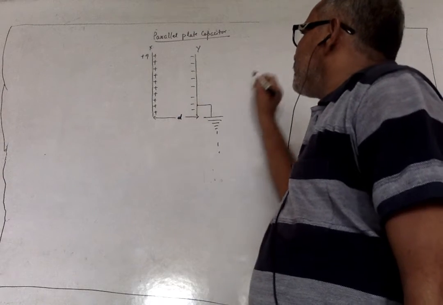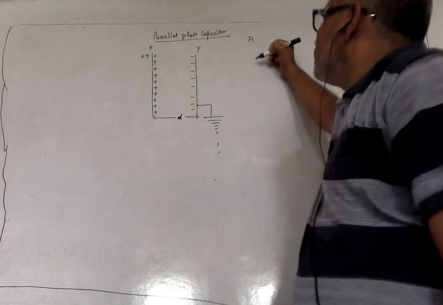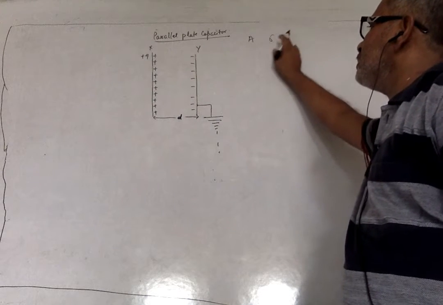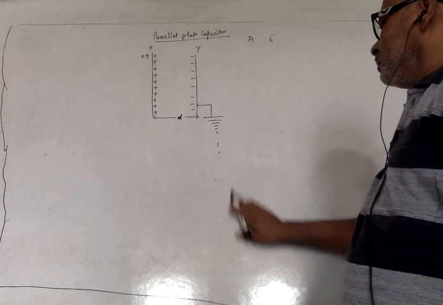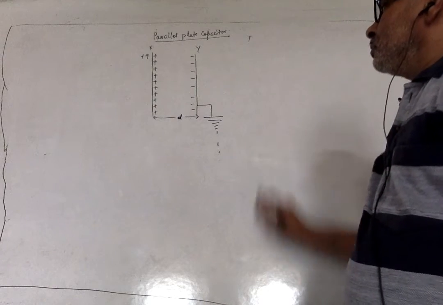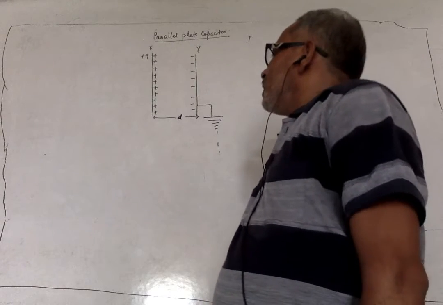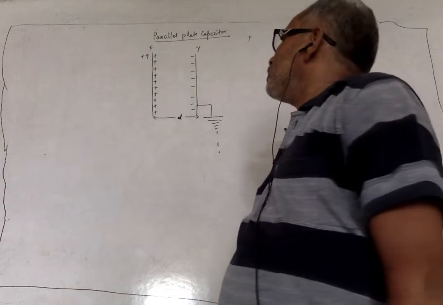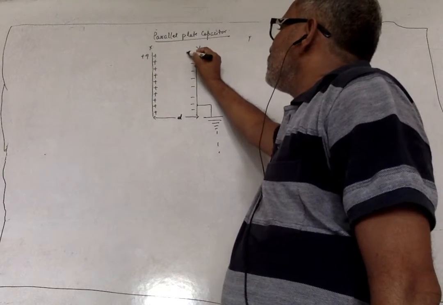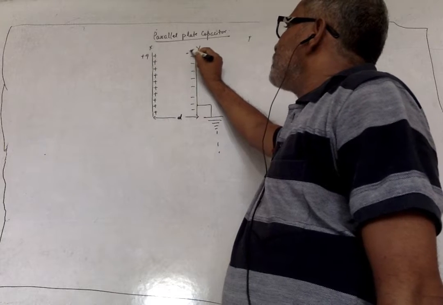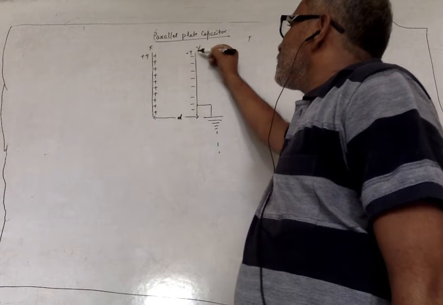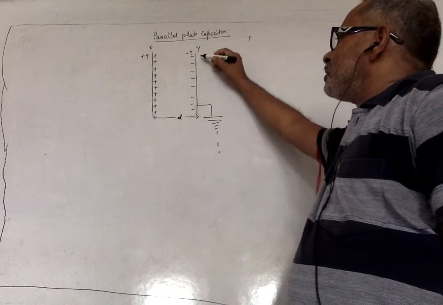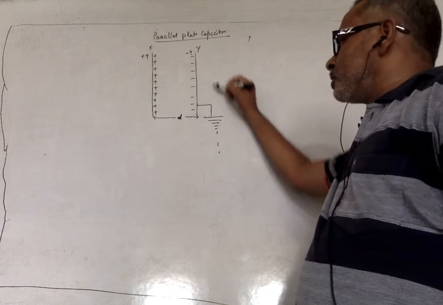Area of plate is A and surface density of charge is sigma. Plate X is given charge plus Q. Due to this, the same amount, minus Q charge, is induced on the inner surface of the condensing plate and positive charge is induced on the outer surface, which is being earthed.